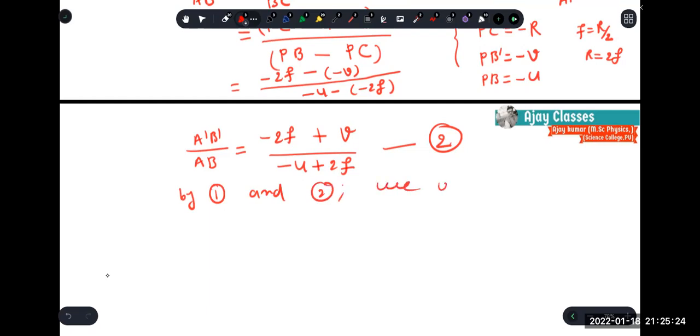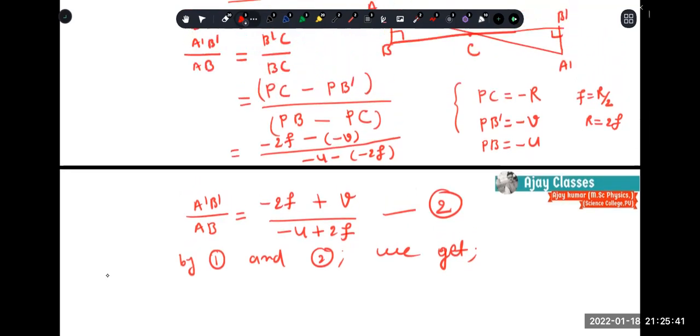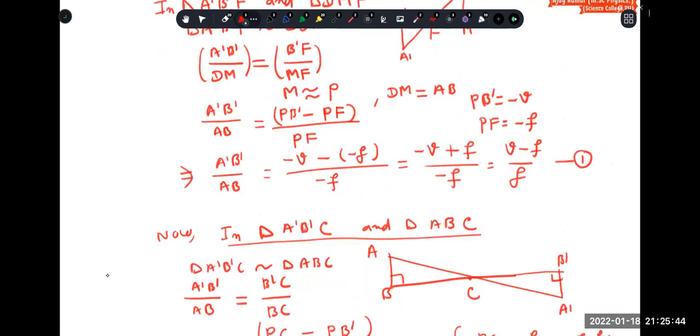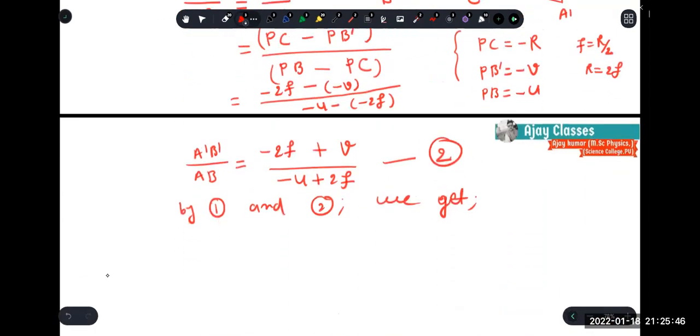We will put the value using equation 1 and 2. Equation 1 is (V minus F) by F. So (V minus F) by F becomes equal to (minus 2F plus V) divided by (minus U plus 2F).